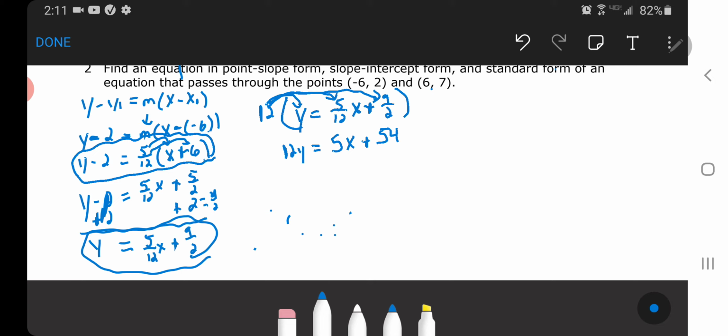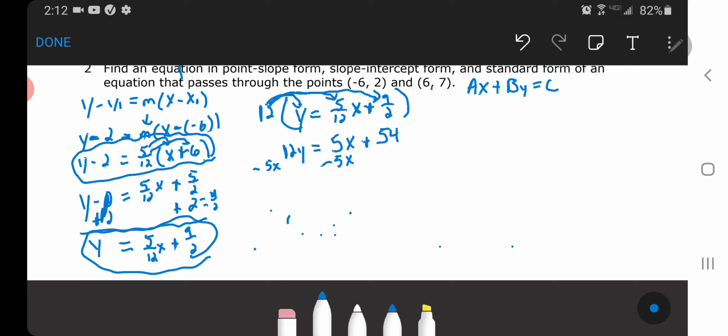Now, of course, remember standard form. Let me rewrite that down for you. Ax plus By equals C. That's standard form. That's what we're trying to get to. So we need to get the x terms and the y terms on the same side. So in order to do that, we need to move this 5x to the other side. That whole term over. So he's a positive 5x, so this time let's subtract out 5x.